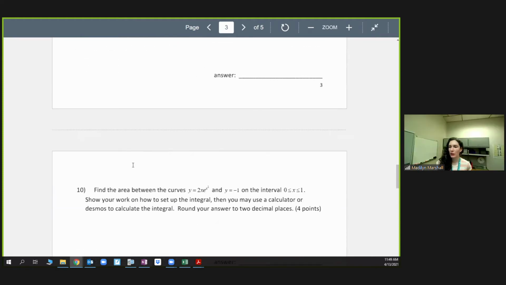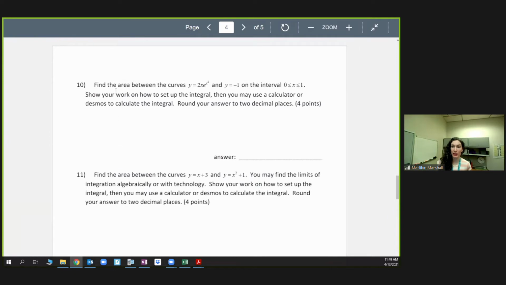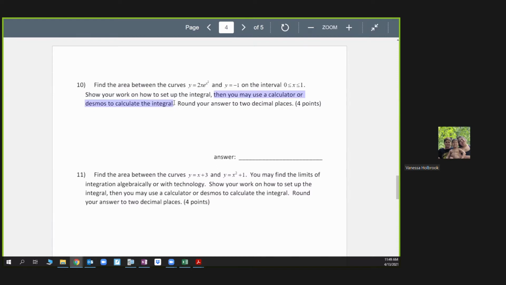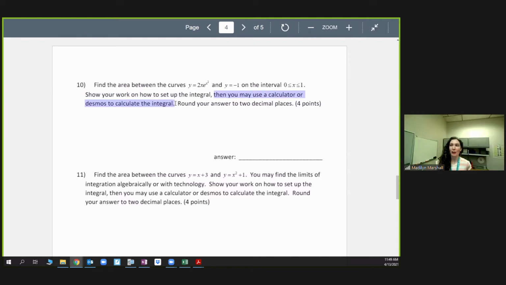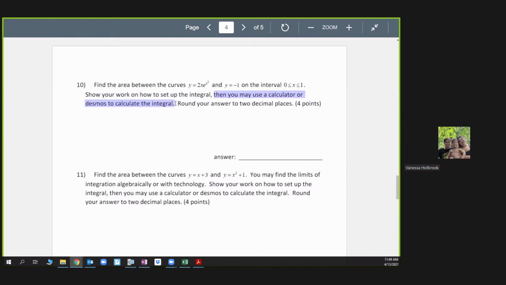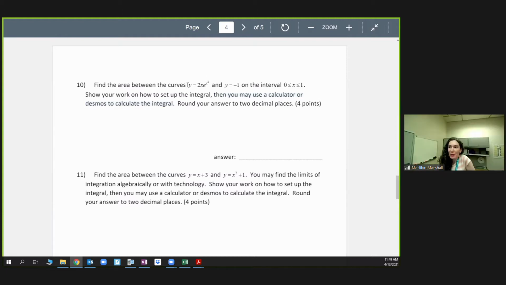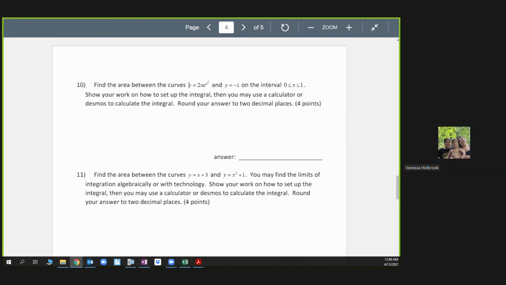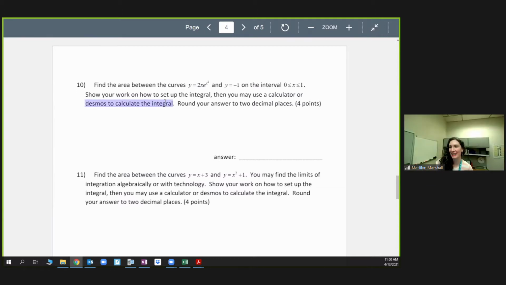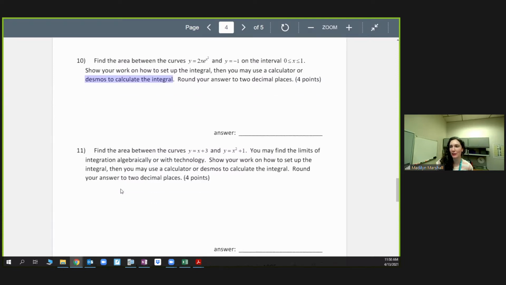But then once we get to the chapter 6 things where we want to find the area between curves, I want to see your work on how you set up the integral, but then you can use a calculator or Desmos to calculate the integral. Don't spend a bunch of time trying to do this by hand. It is possible, but it's not something that we have gone over in this class. And so on your own time, it can be a fun thing to do. But during the test, please realize that you can use a calculator or Desmos to get that integral.